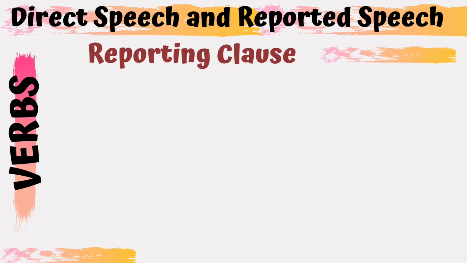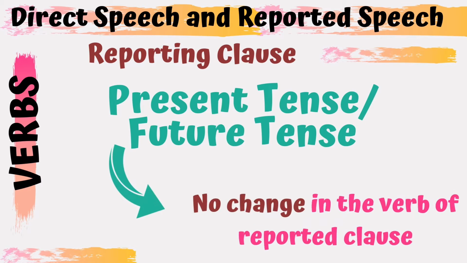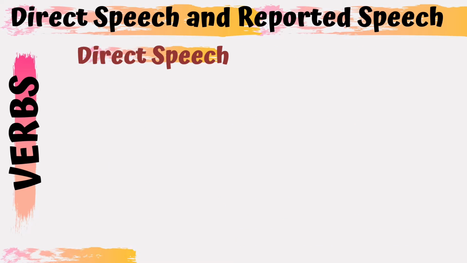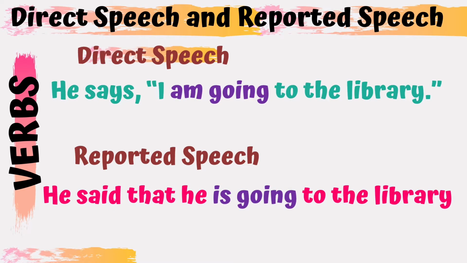For the changes in verbs, if the reporting clause is in present tense or future tense, then no change is required to be made in the verb of reported clause. Example: He says, "I am going to the library." Reported speech is, he said that he is going to the library.